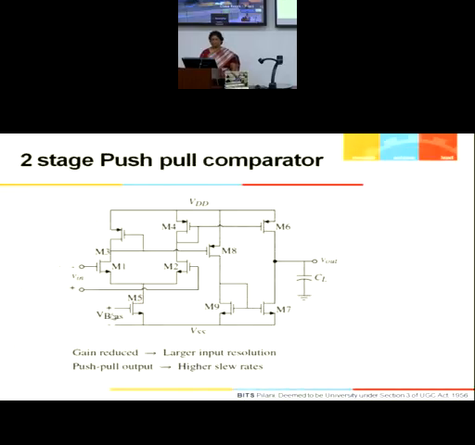This is not coming from here. Rather, there is something in between. What is this? You are taking this signal. Why have I included M8 and M9? What is the reason for including M8 and M9?